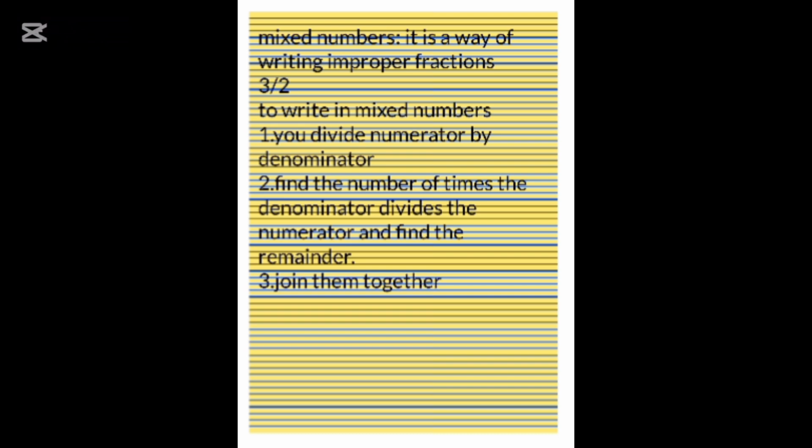Now, 3/2. 3 divided by 2 is equal to 1 remainder 1. So, to write this as a mixed number, this is going to be equal to the whole number 1, and the remainder 1 over the denominator 2. That's it. As easy as that.